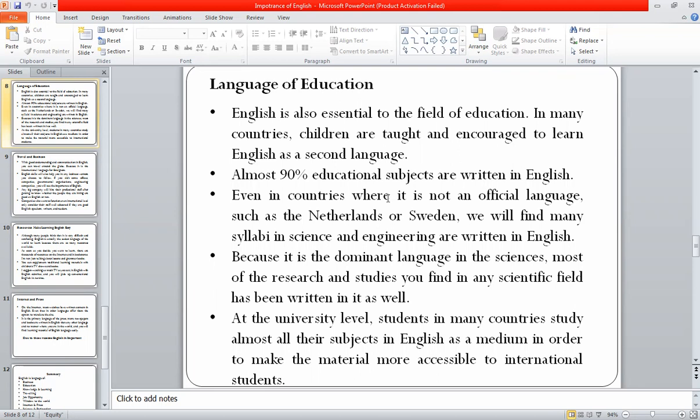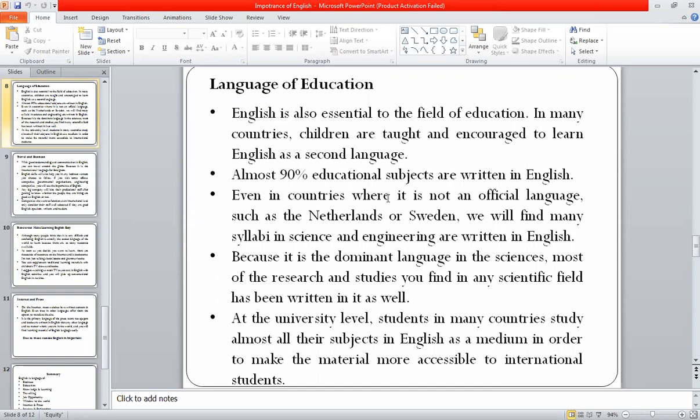So we can't use our own mother tongue for writing international papers. Okay, for writing international papers, we must choose this English language for writing purpose.